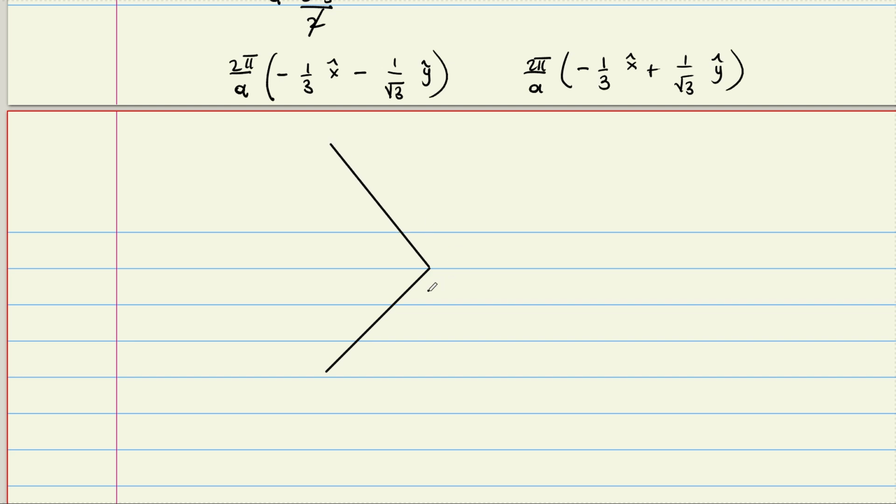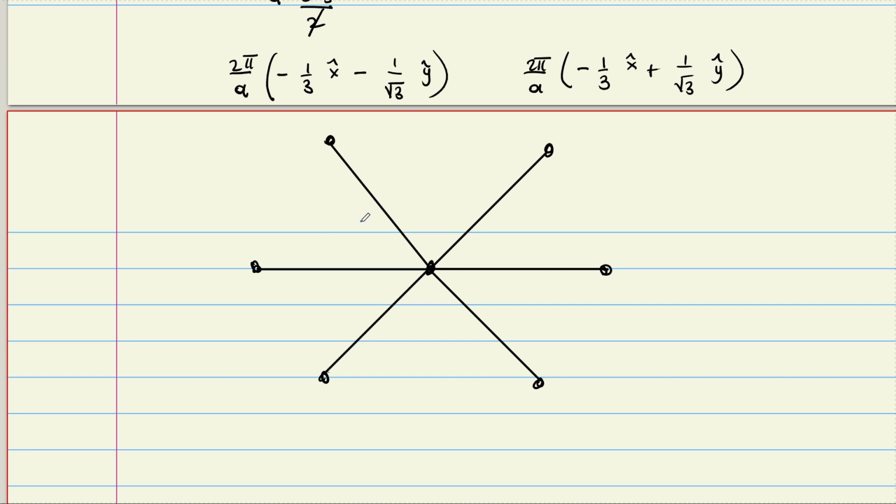If I sum these two, this is also a reciprocal lattice vector. If I take the minus of this, this is also a reciprocal lattice vector, and the same thing here, if I take the minus of this guy. So there is another point, another point, and another point.